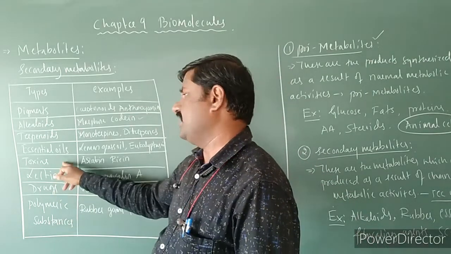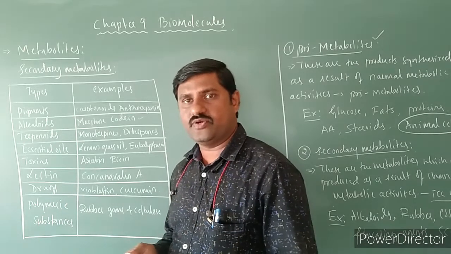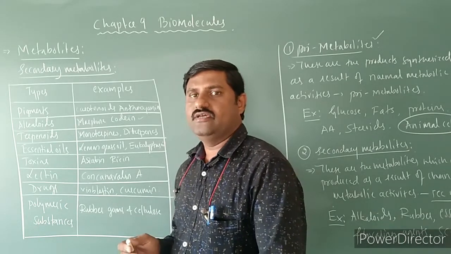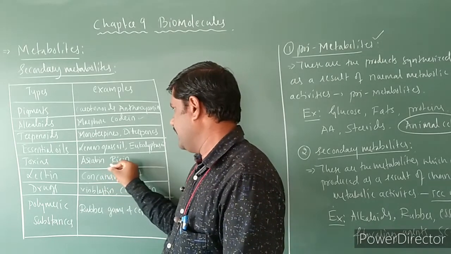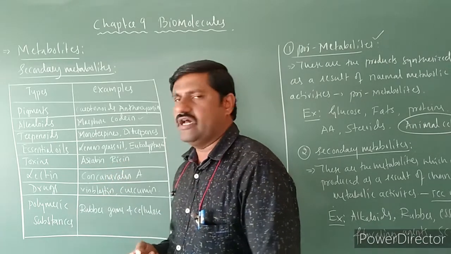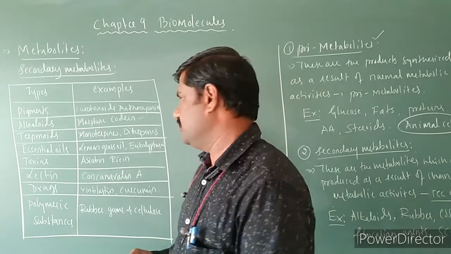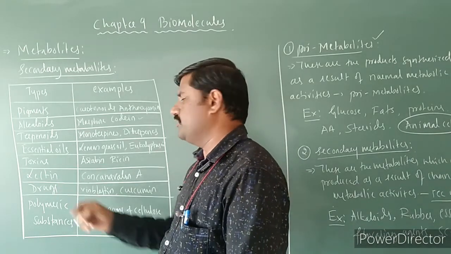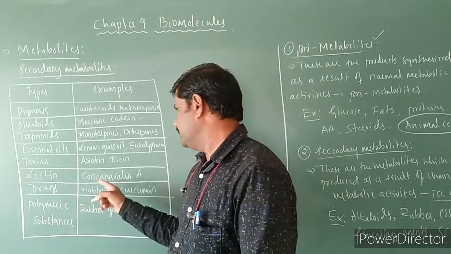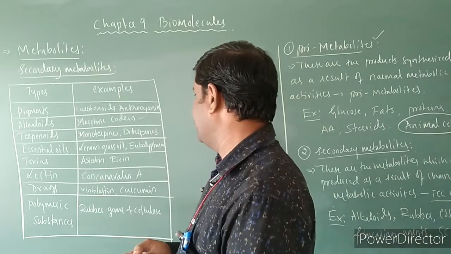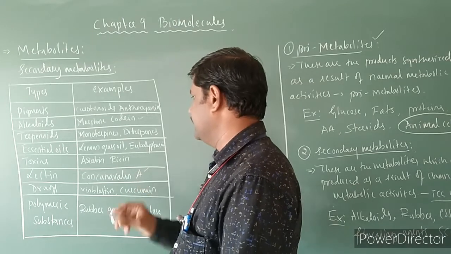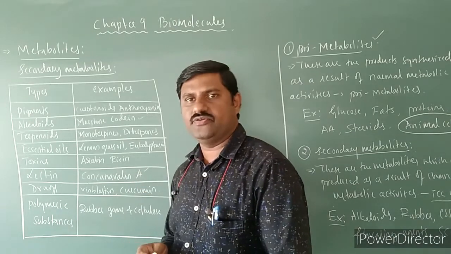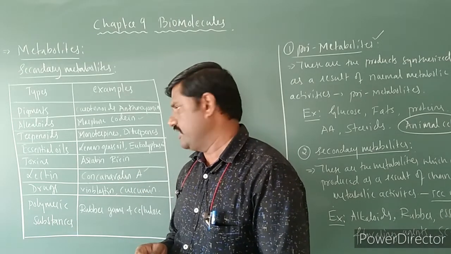And the next one, some toxins are also produced as a result of secondary metabolic activities, that is abrin and ricin. Lectins are produced as secondary metabolites. So concanavalin is the type of lectin produced here.